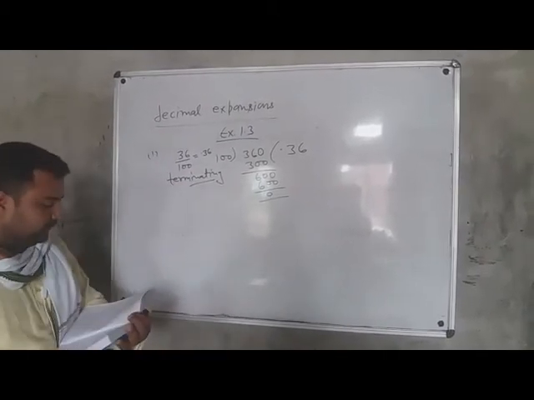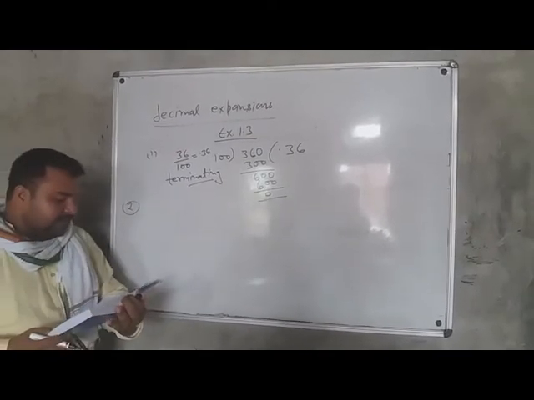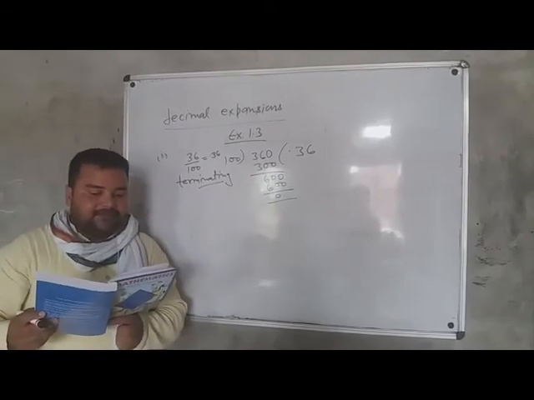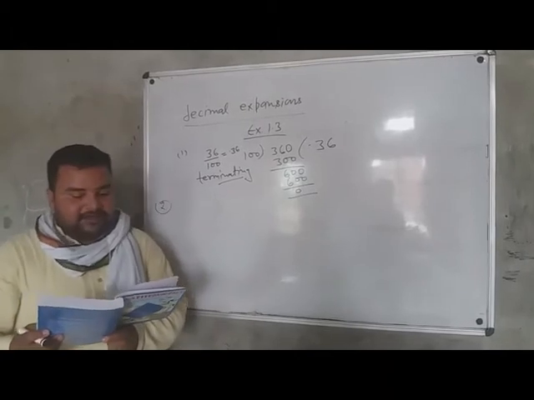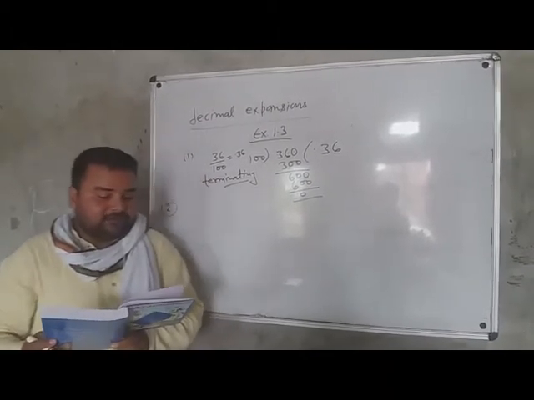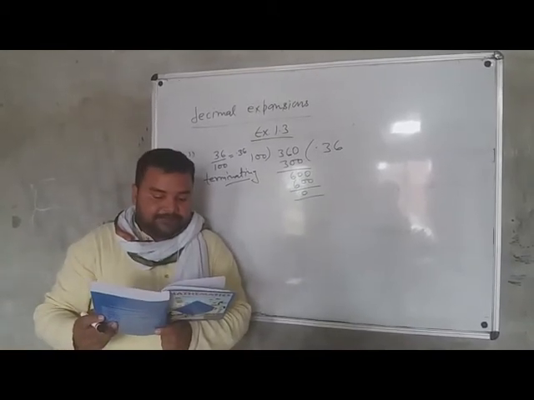Now, question number 2. You know that 1 by 7 equals 0.142857 repeating. Can you predict the decimal expansions of 2 by 7, 3 by 7, 4 by 7, 5 by 7, 6 by 7 without actually doing the long division? If so, how?